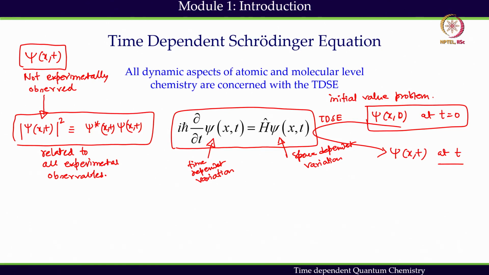So this is just a simple example. If I have a wave function like this at a particular time t, then the experimental observable will be connected to its density, which looks like this.